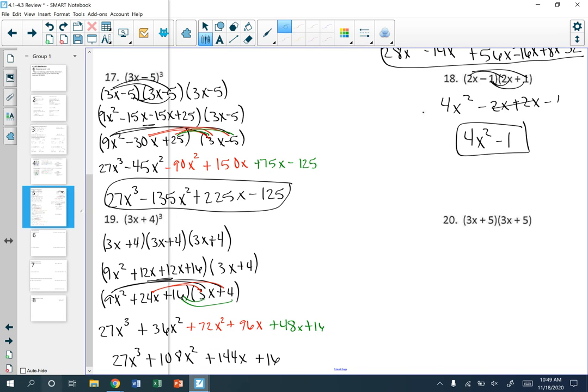Okay, and then number 20, again, this is FOILing again. So that's 9x squared plus 15x plus 15x plus 25. So I get 9x squared plus 30x plus 25 for number 20.